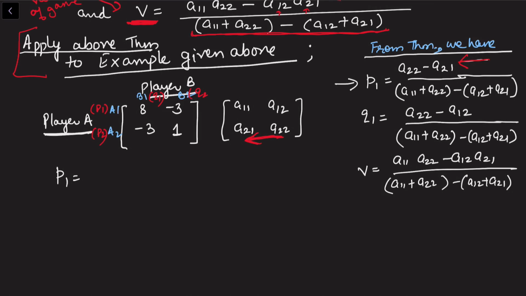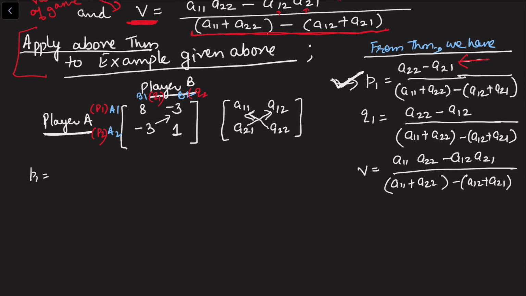This will give me the probability for P1. If I am looking for player A, look for the subtraction horizontally, and the other one P2 will be given like this. And for player B, I'm going to look vertically, upward and downward. This is just to remember how to look at the probabilities.